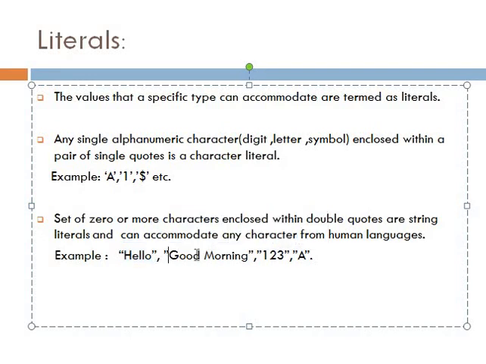Again, the word good morning is also enclosed within double quote, so this becomes a string. The number 1 2 3 is enclosed within double quote, so this becomes a string. And again, see the letter A, even though it just consists of one character, it's enclosed within double quote, so this becomes a string.